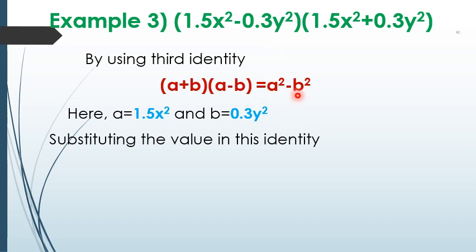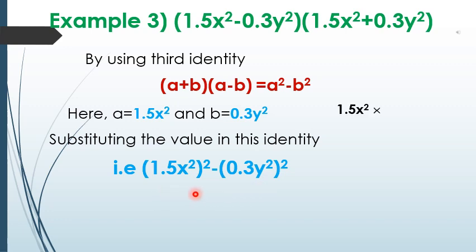Substituting the value in this identity, that is equal to 1.5x square raised to 2 minus 0.3y square raised to 2.